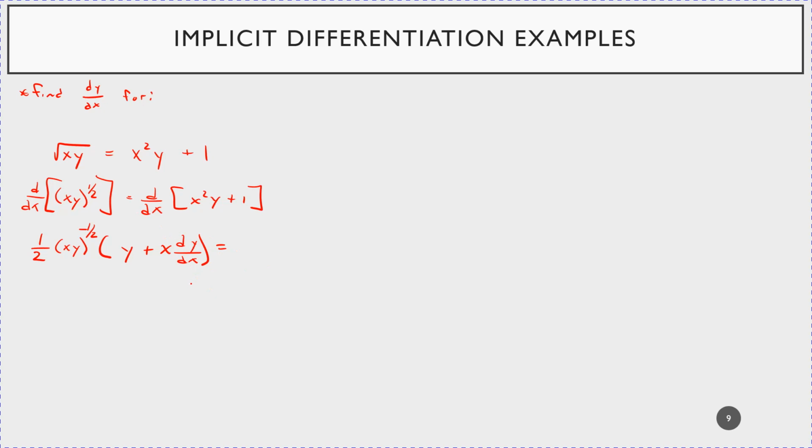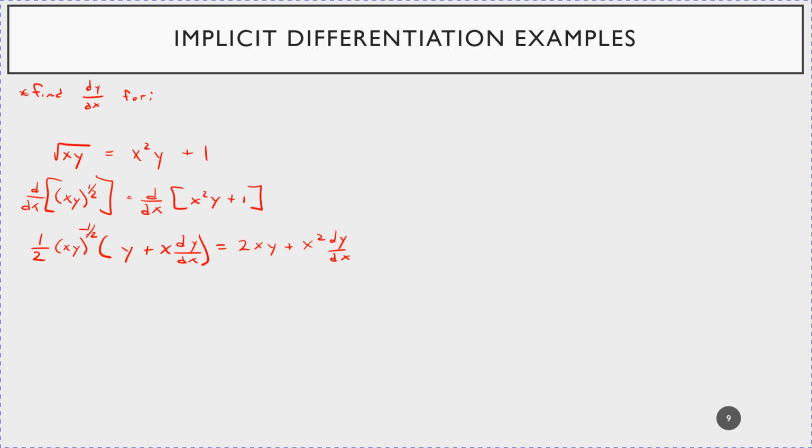Is equal to, here you need to do the product rule again. So this becomes 2xy plus, now x squared, and then the derivative of y is dy/dx, and then the derivative of 1, excuse me, is 0. All right, so here's where it gets confusing.